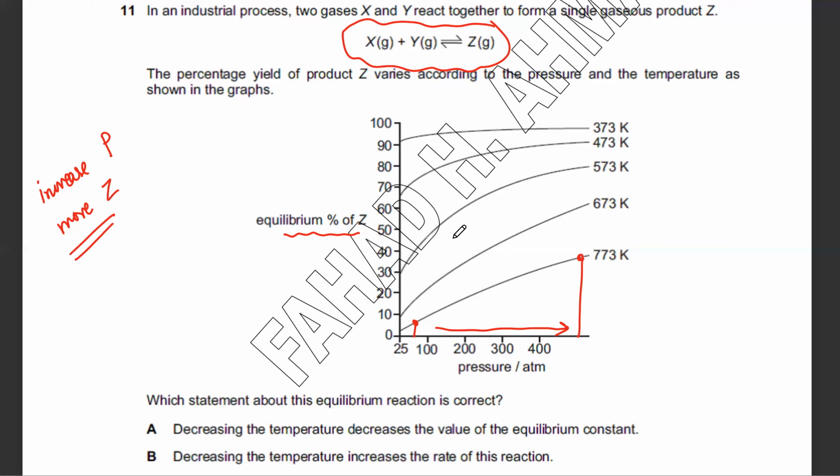And that makes sense, because if you look at the equilibrium, if you increase pressure, कौन सी साइड फेवर होती है? Less gas, more gas? Less gas, right?